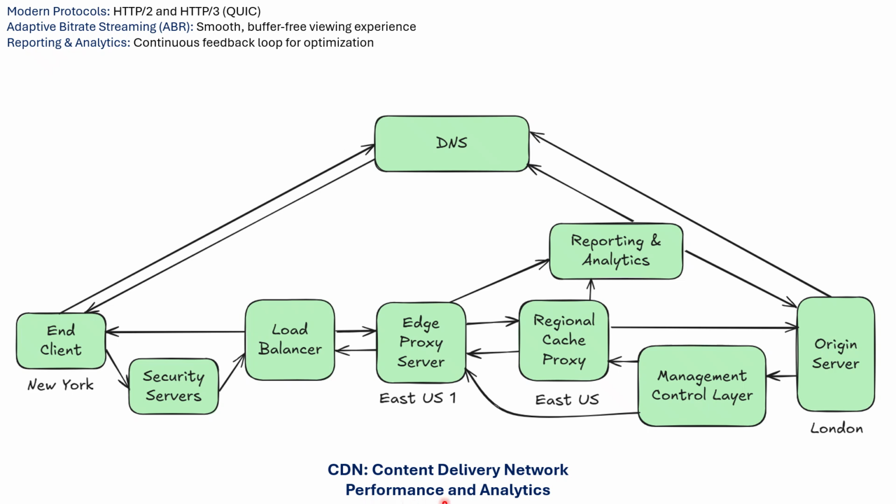Let us now talk about performance and analytics. Finally, our system is optimized with advanced technologies. The connection between the client and our edge server uses modern protocols like HTTP/2 or HTTP/3 QUIC.